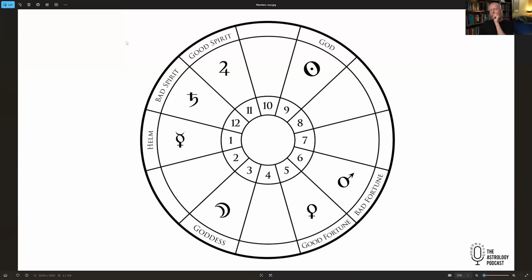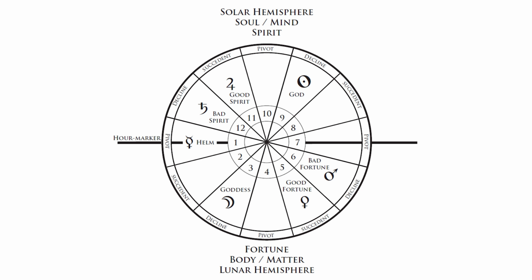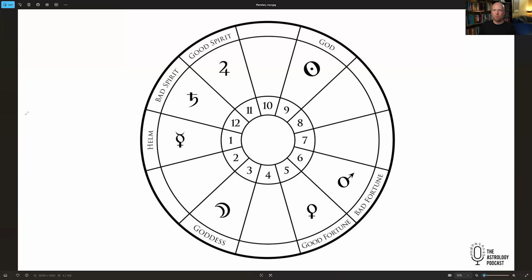And this scheme, there's a lot of things that are derived from this, but the doctrine of sect is implicit in the scheme because all of the nighttime planets are in the bottom half of the chart, and all of the daytime planets are in the top half of the chart, which is really obvious. Let me circle those. There we go.